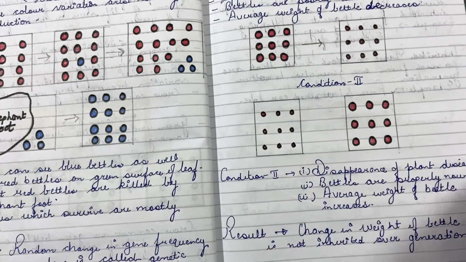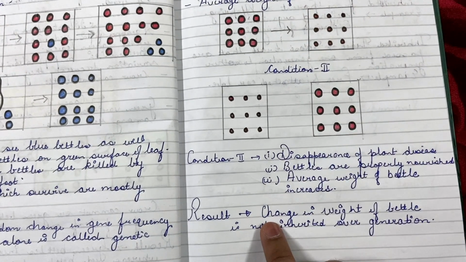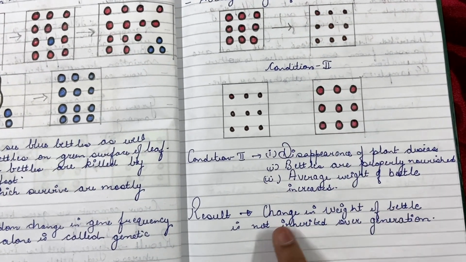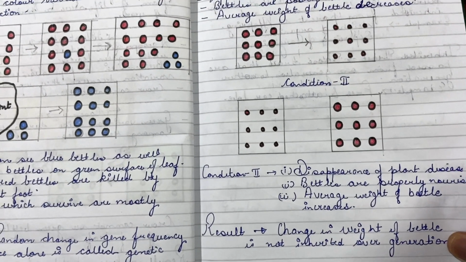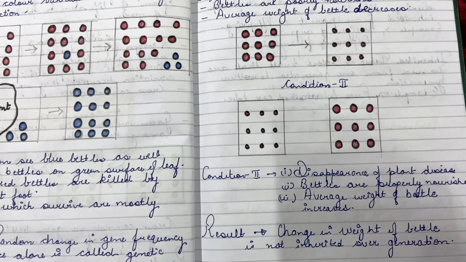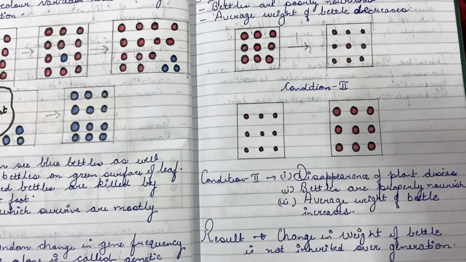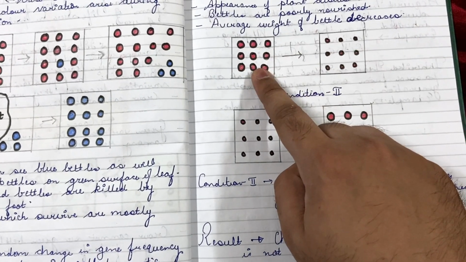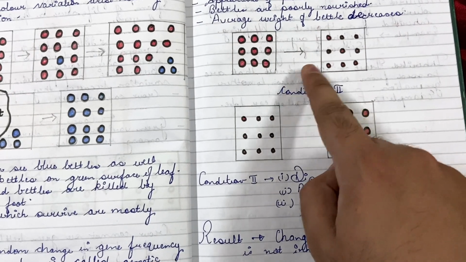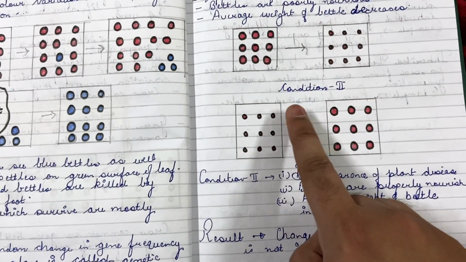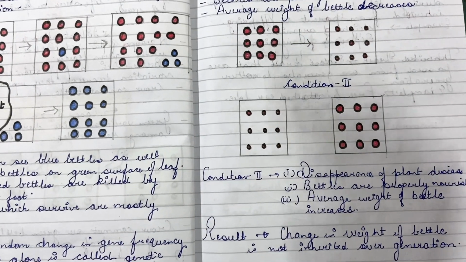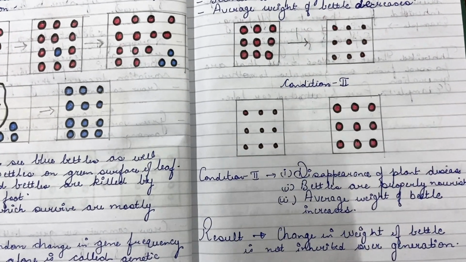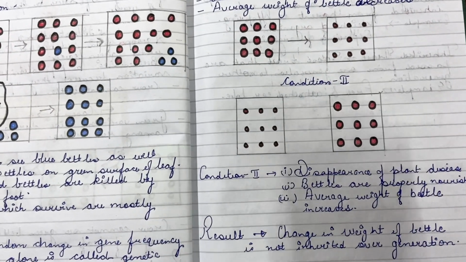As a result, the weight of the beetles has again become normal. Now, what does this prove? This proves that the change in weight of the beetles is not inherited over generations, because weight is not an inherited trait, it is an acquired trait. With the appearance of plant disease, the weight decreased. With the disappearance of plant disease, the weight again increased, which means that the weight of a person is not an inherited trait, it is an acquired trait.